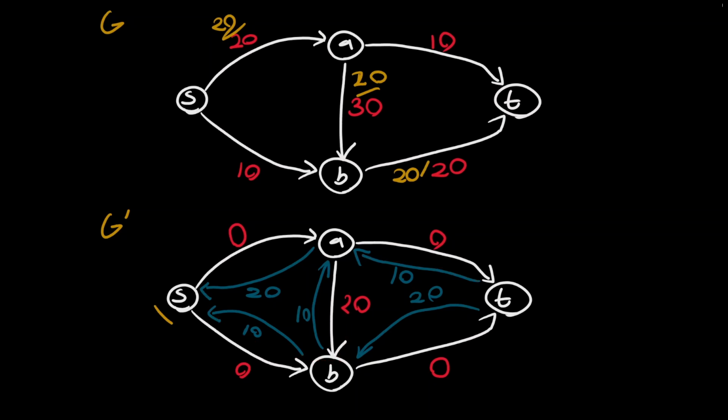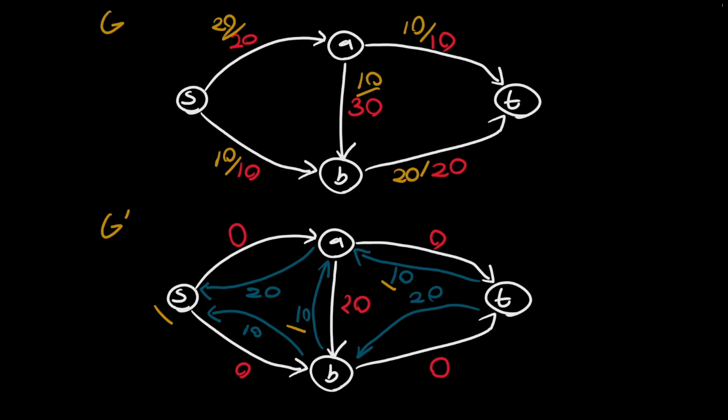So now we have 10 units of flow going here. We updated the middle path. Now that's going to be 10. We have 10 units of flow here. And then we have to update this top path right over here, which is going to be 10 as well, since we have the backwards edge as 10.